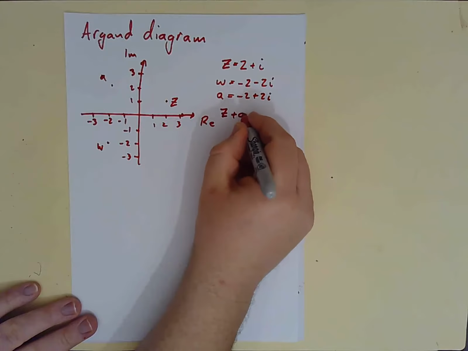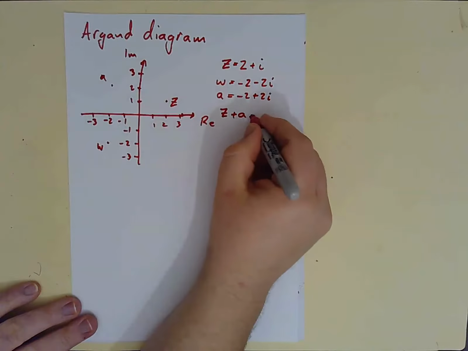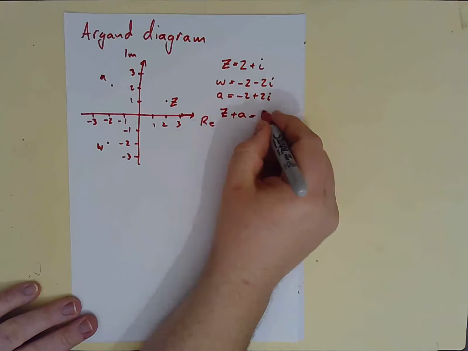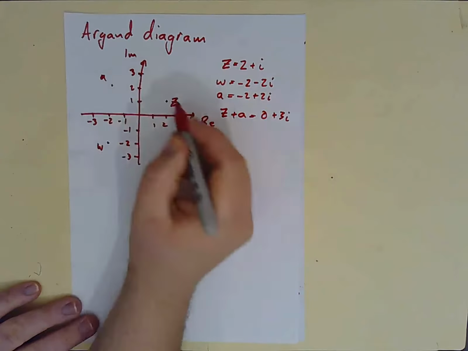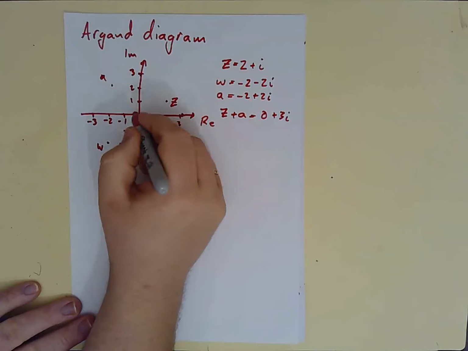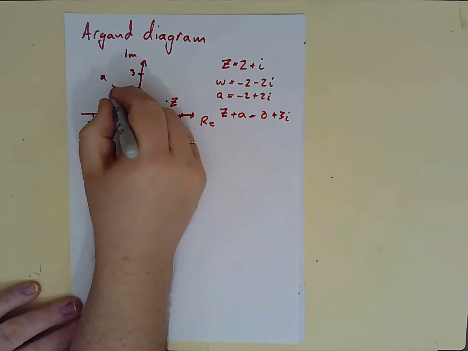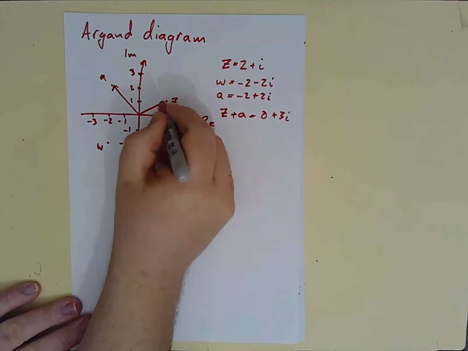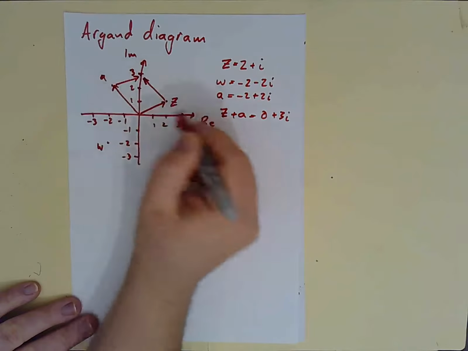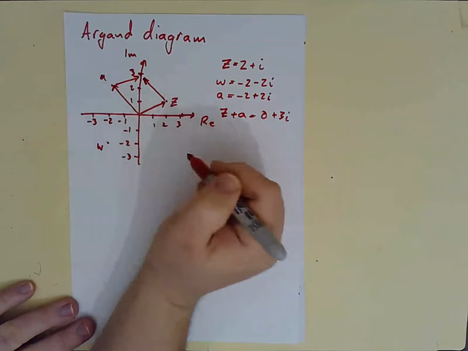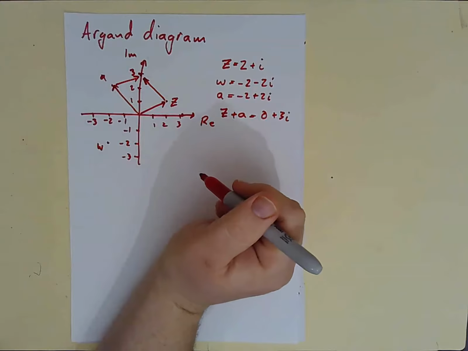And then what happens now if I add these? So z plus a. Well, z plus a is going to be, those are going to cancel, so it's 0 plus 3i. Now, if we thought about these as vectors, then in order to add on a, I would just be going parallel or doing the other side. And you can see here that I've got to that point as if I thought about vectors.